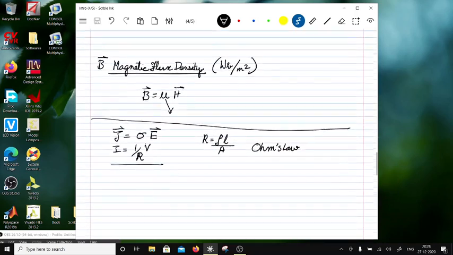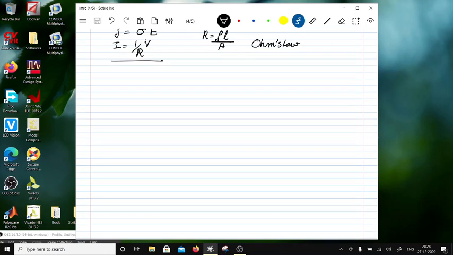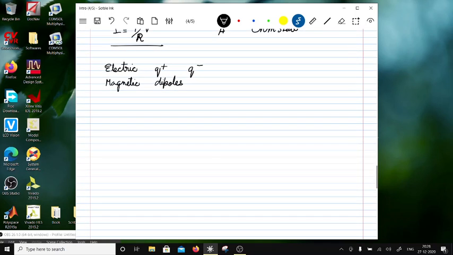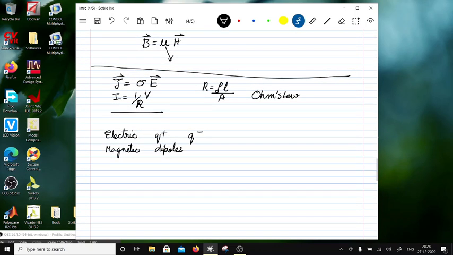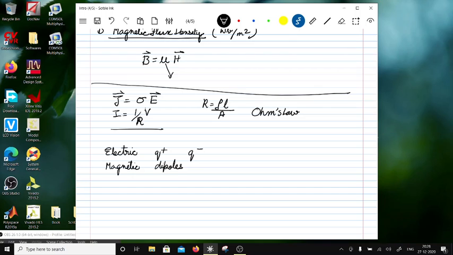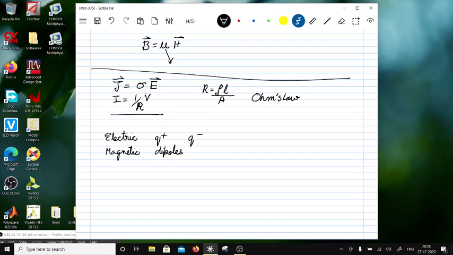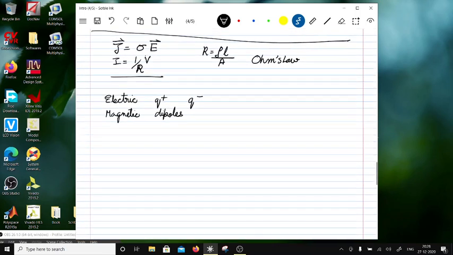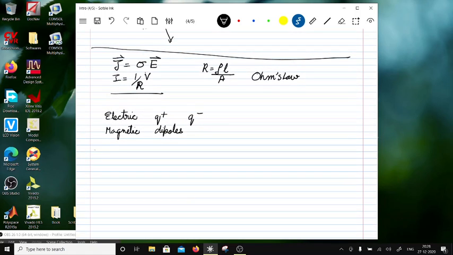So this is the basic distinction: in case of electric, we have isolated plus and minus charges, while in case of magnetic we are only talking about dipoles. And dipoles means there cannot be a magnetic current or magnetic current density. So we cannot have Ohm's law for magnets, or magnetic current cannot exist, right? So there is no such relationship for magnetic.